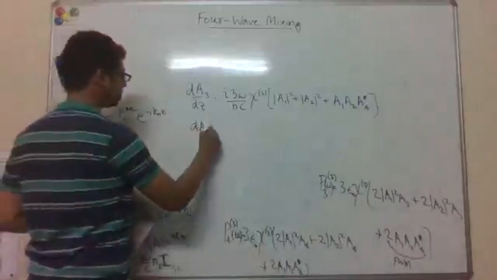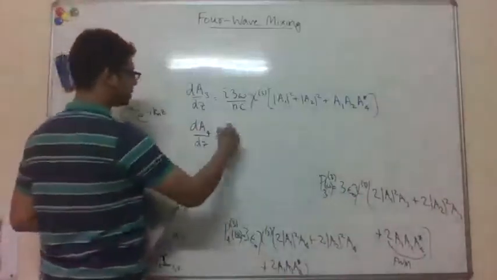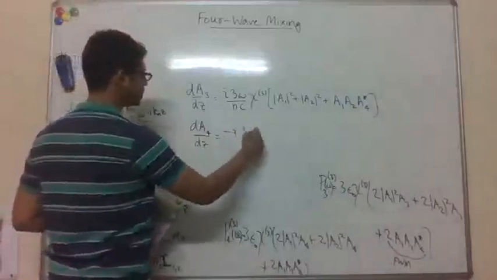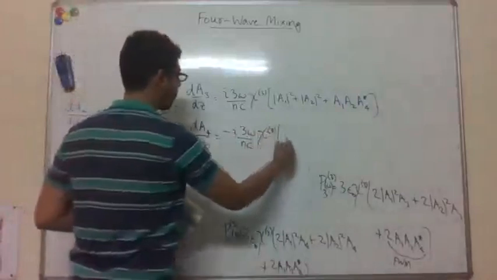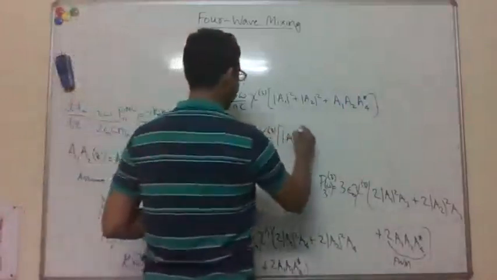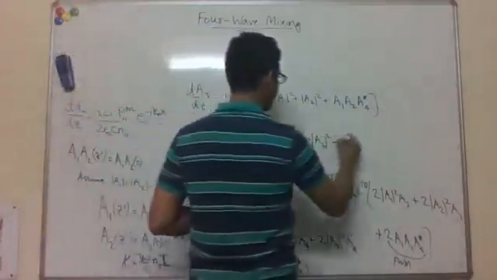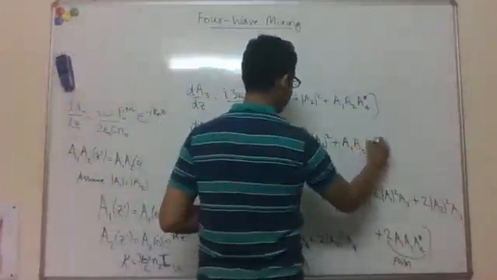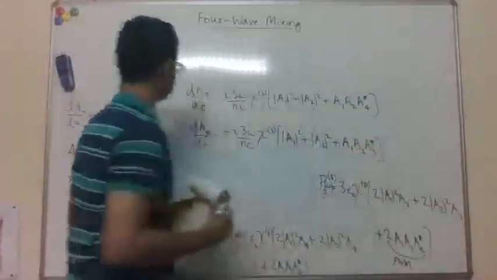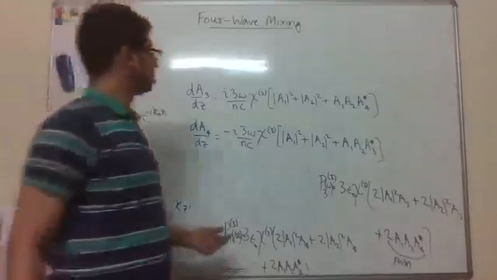And 4 is the same, so 4 is traveling in the opposite direction, so it's minus here. Okay, so I get these two coupled equations for 3 and 4.